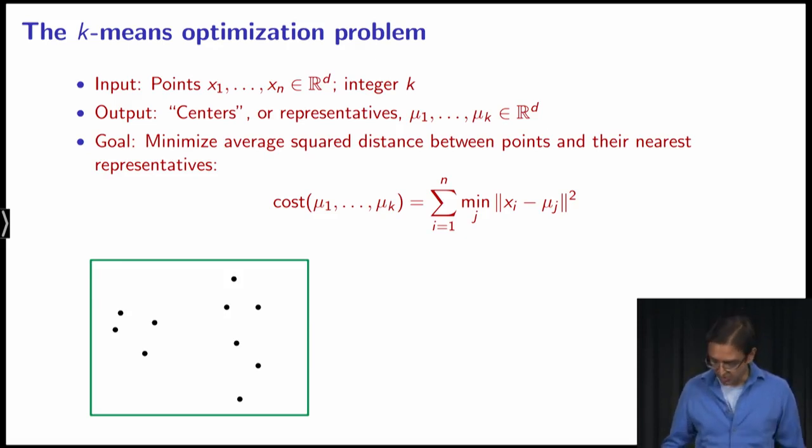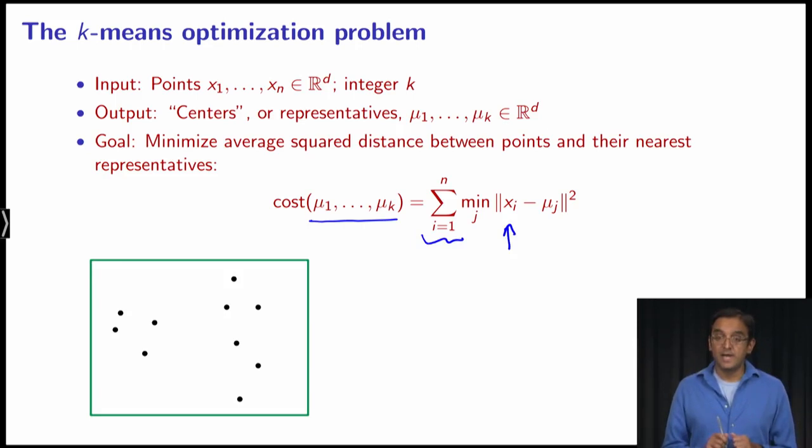Okay, so let's look at the cost function. So the cost associated with a specific set of centers, mu_1 through mu_k, is the summation over all the data points. Okay, so let's say we're looking at point x_i.